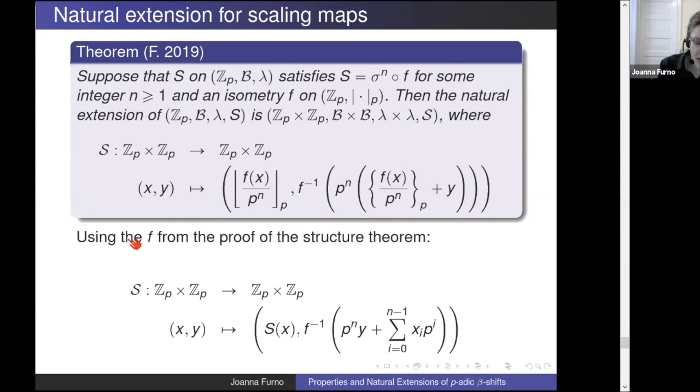If we take that f that I showed you above and pull it through these things, it's not easy to write what the inverse is going to look like, but otherwise, what do we have? We have our transformation. We are pushing down our y's so that we can make some space for some digits, and then we keep track of some extra digits, and we need the inverse of the isometry, but otherwise, it's not so bad.